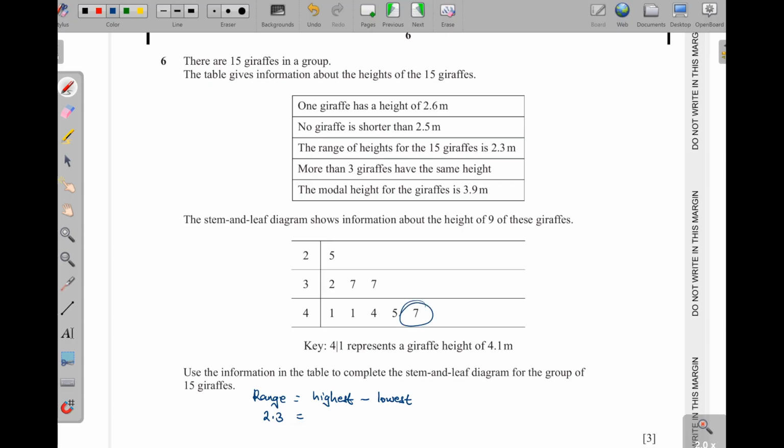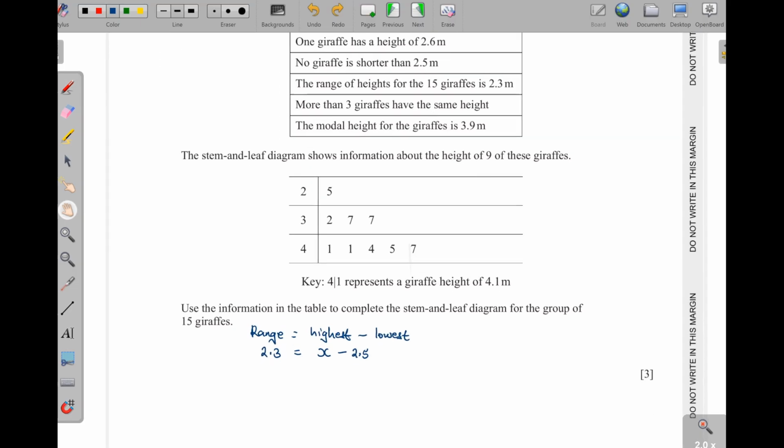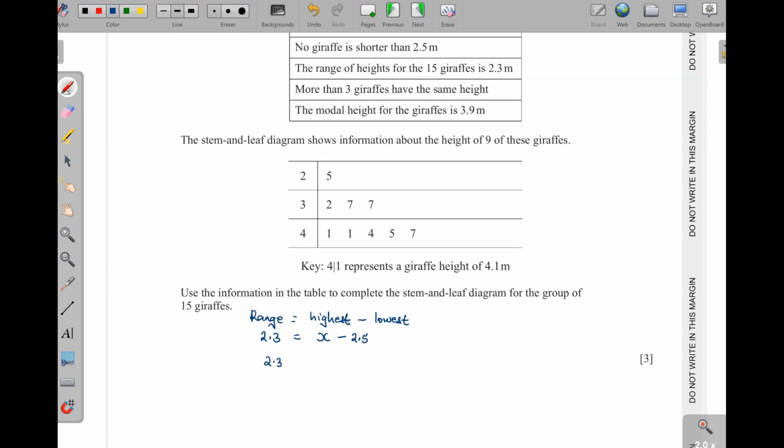We don't know it. But the lowest value, at least they have told us that no giraffe is shorter than 2.5. So that means this is the shortest. So when you bring this one this side, you will get 2.3 plus 2.5 to give you that highest. So therefore the highest value is 4.8. Then from the stem and leaf diagram here we see a 7, so that means there is an 8 that we are supposed to put there.